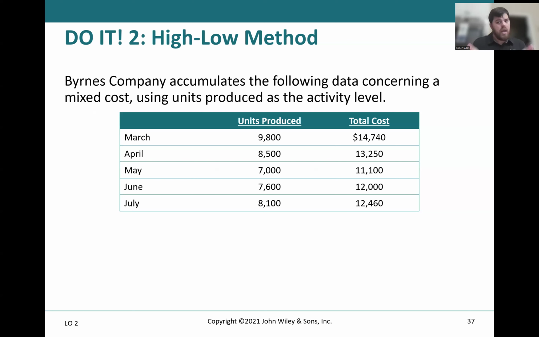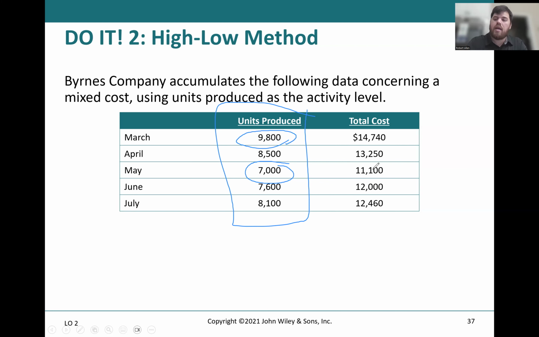Which one is it? The correct argument is that the number of units produced drives the cost, meaning I identify the high and the low point based on my units produced. So based on this right here. In this case, that would mean that my low point is 7,000, which is May, and my high point is March, 9,800.